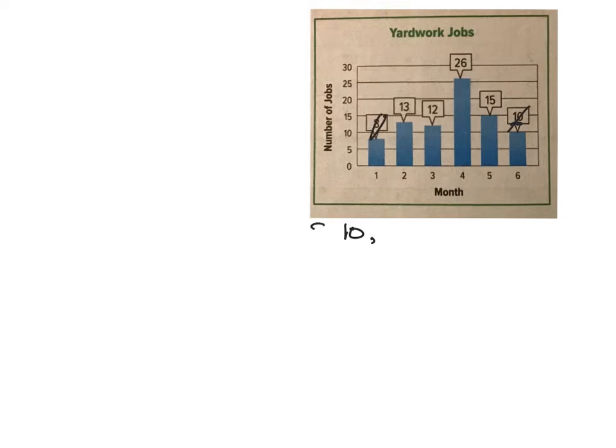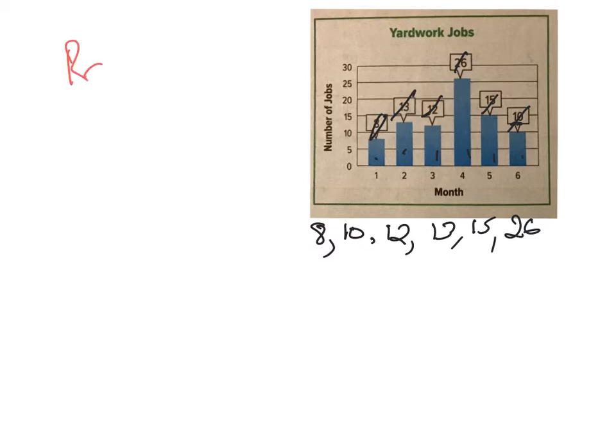The reason why I cross them out is because then I can see. So I have an 8, a 10, a 12, a 13, and a 15, and then a 26. 1, 2, 3, 4, 5, 6. Perfect.